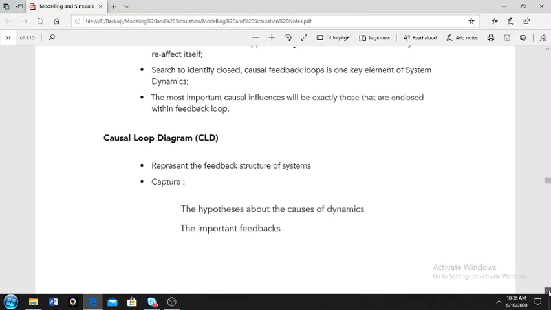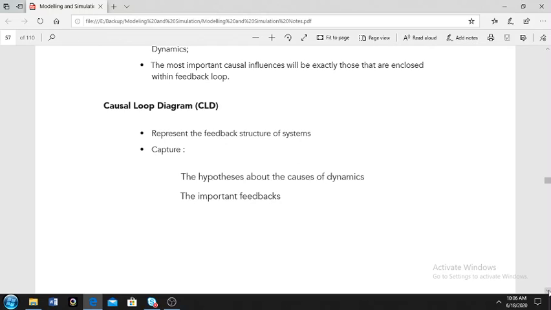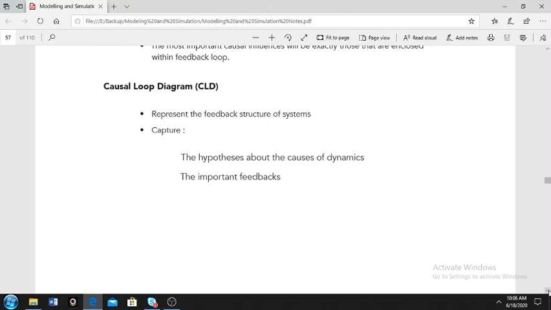Now, why do we do all these? We do all these to have the causal diagram or the causal loop diagram. What is the causal loop diagram? It represents the feedback structure of a system. It captures hypotheses about the causes of dynamics, and also it captures the important feedback.